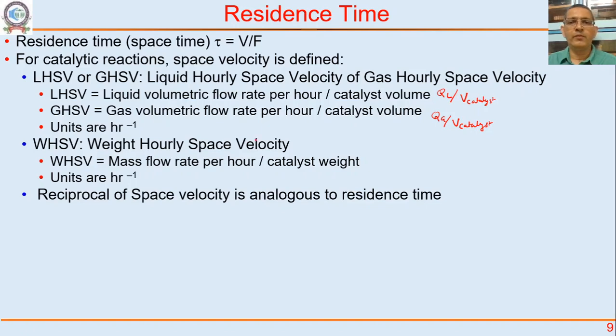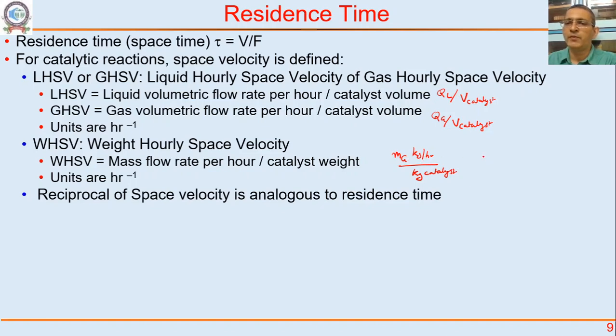Or, rather than defining based on catalyst volume, we could define based on weight. Then it will be weight hourly space velocity. So this would be mass flow rate of gas, kg per hour of gas, divided by kg of catalyst, or mass flow rate of liquid, kg per hour, divided by kg of catalyst.